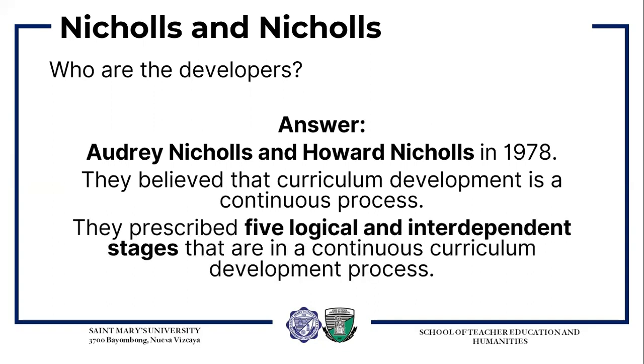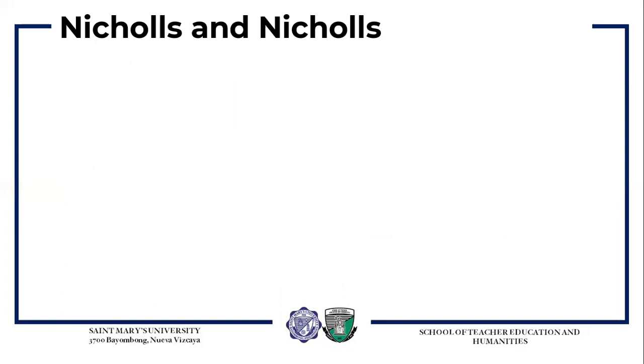They prescribe 5 logical and interdependent stages that are in a continuous curriculum development process. And again, these 5 logical and interdependent stages will start with situational analysis, in which curricular decisions are made, followed by the selection of objectives and the other succeeding phases.